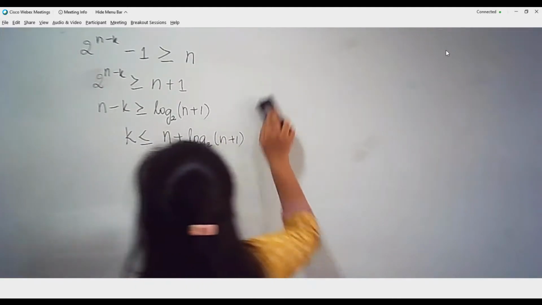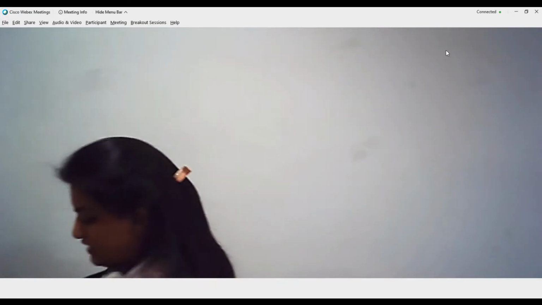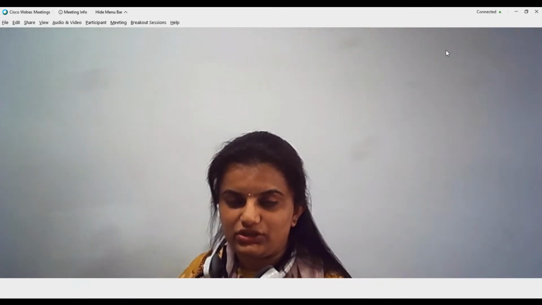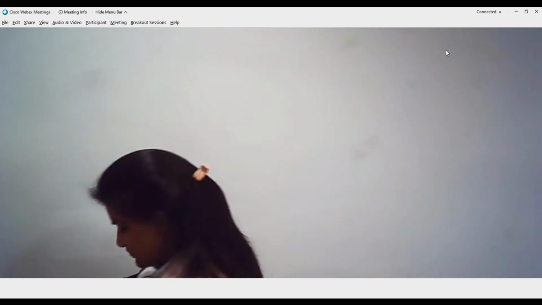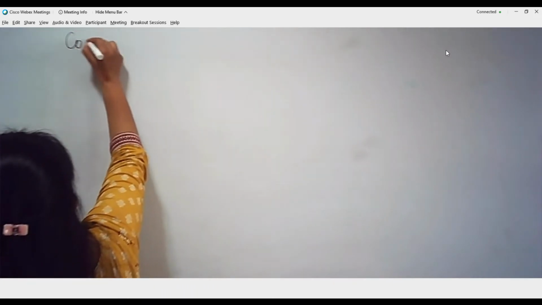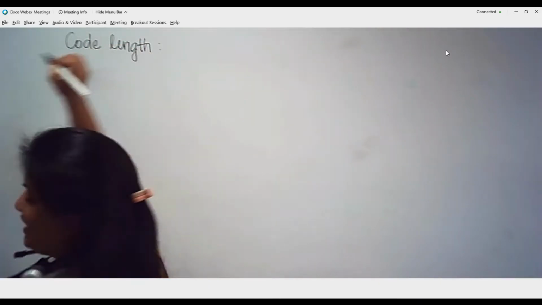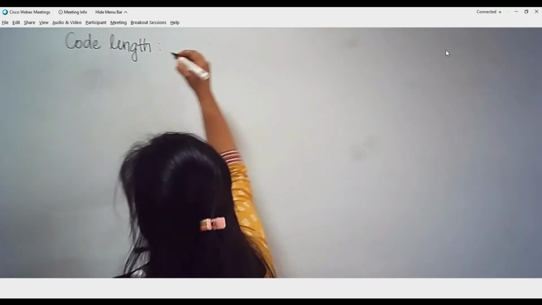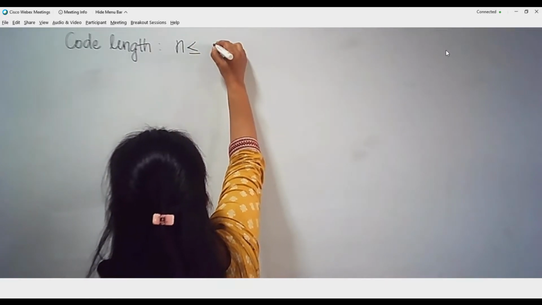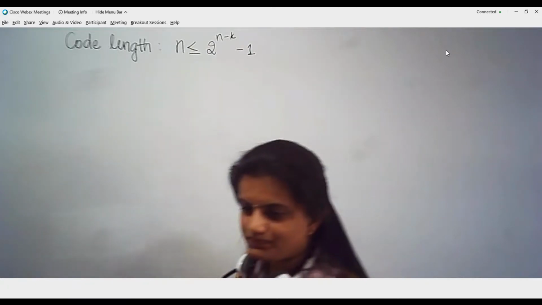So how is a linear block code normally constructed? There is one more key over here. When I discuss the problem, you will get to know that. Now to summarize, the code length n of a single error correcting Hamming code can be obtained by using the inequality n should be less than or equal to 2 raised to n minus k minus 1.